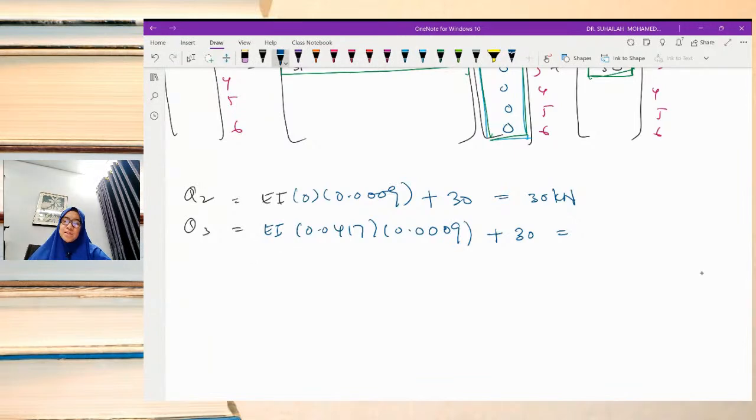EI 100,000 times 0.0417 times 0.0009 plus 30. Q3 is also a vertical force. Please calculate for me.